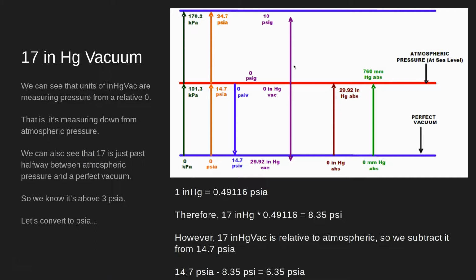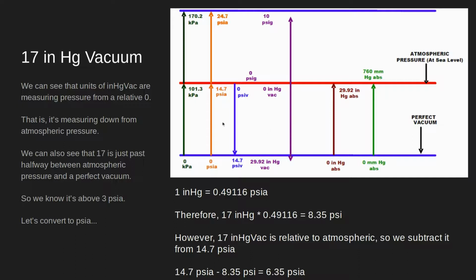You still have to remember that the vacuum means its starting point is here. So it's talking about 8 psi down from the relative zero. In order to figure out where exactly it is, we subtract 8.35 psi from 14.7 psia, and that gives us 6.35.